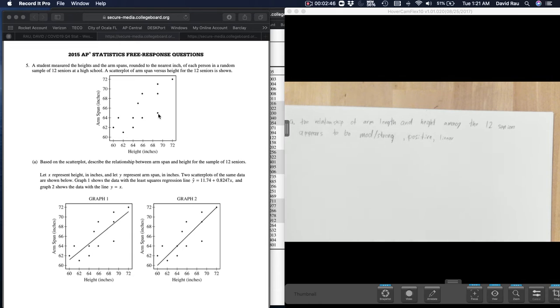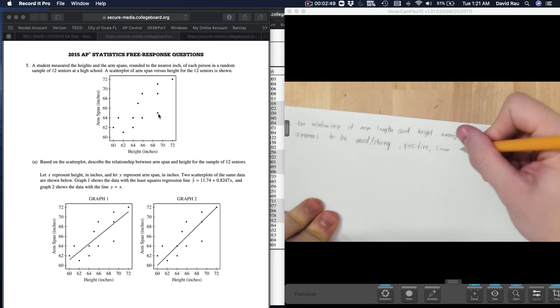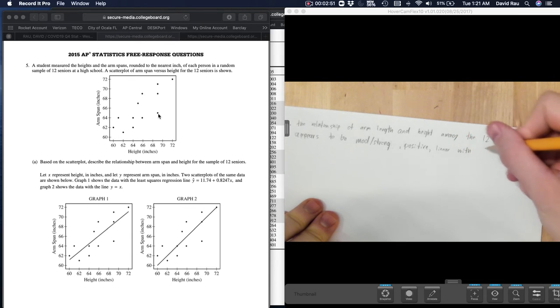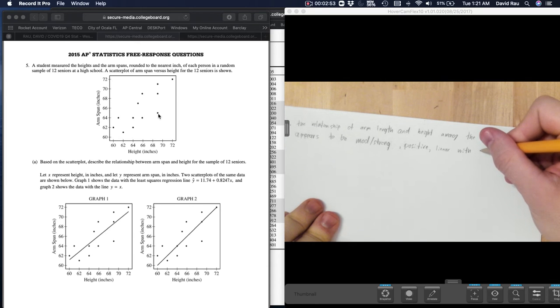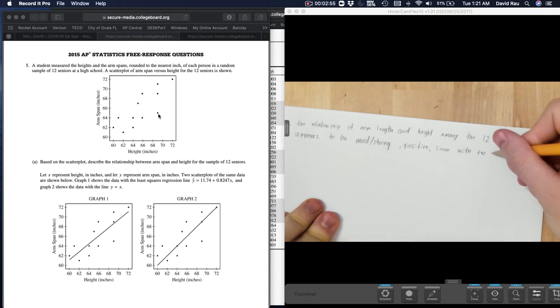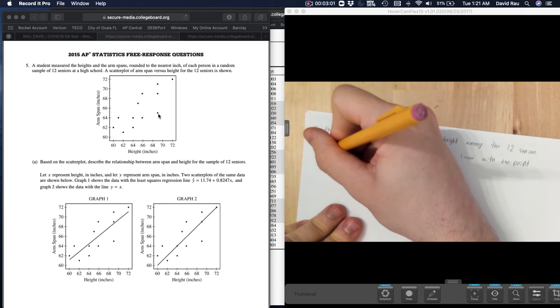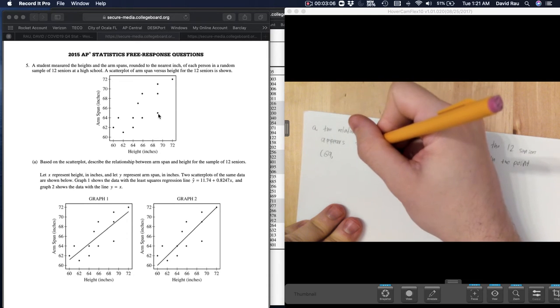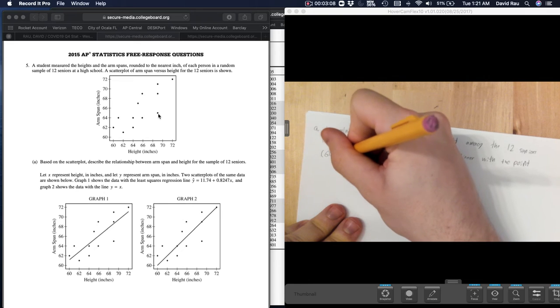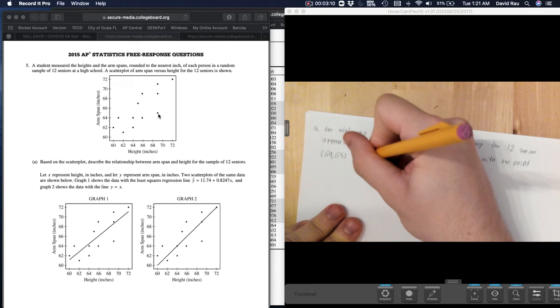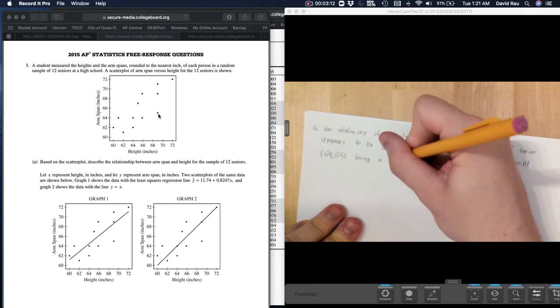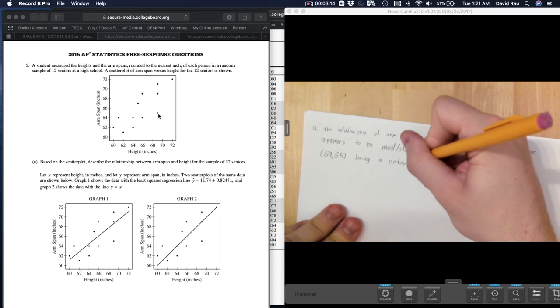So I'm going to say with the point, and I'm just guesstimating here, but this looks like (69, 65), x first then y, being a potential outlier.